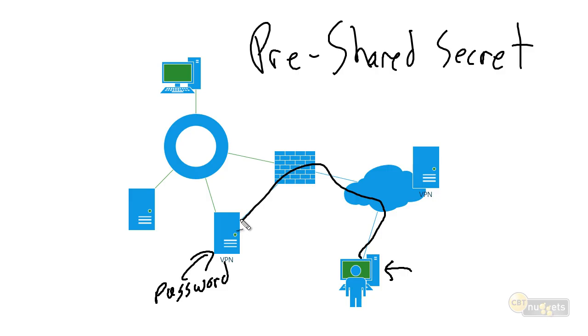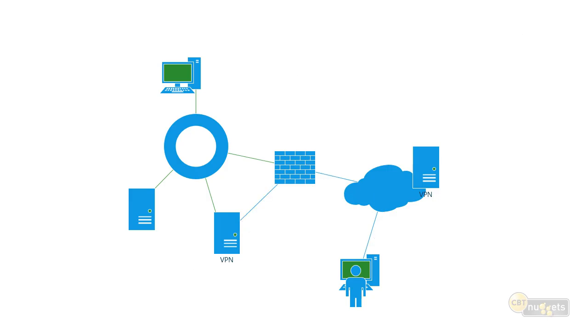That is a hacker's dream come true, because he's got a lot of traffic he can look at over a long period of time to try and crack that password. And once he does, you're not going to know he's done it. You're not changing these things, so he's going to be able to continue to ride on that cracked password for a long period of time. So pre-shared secret, easy. Pre-shared secret, not so awesome with the security.